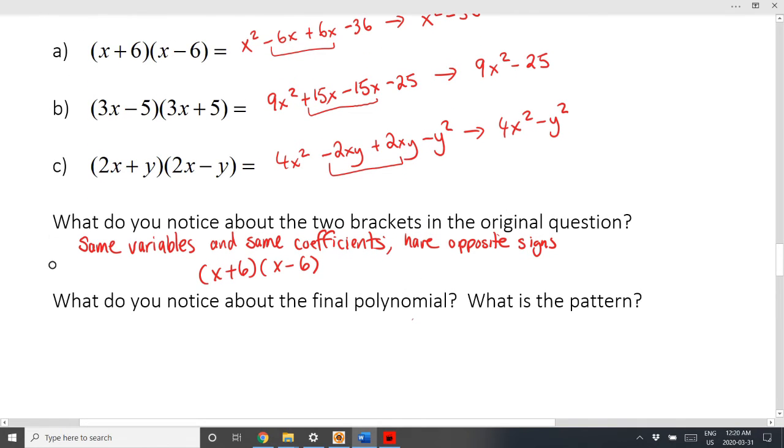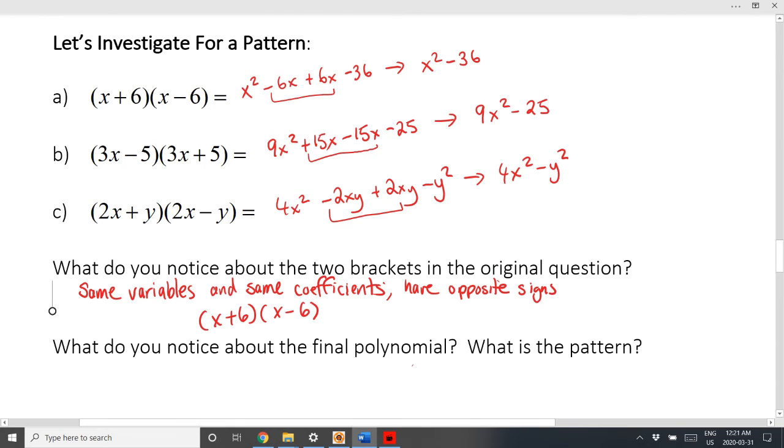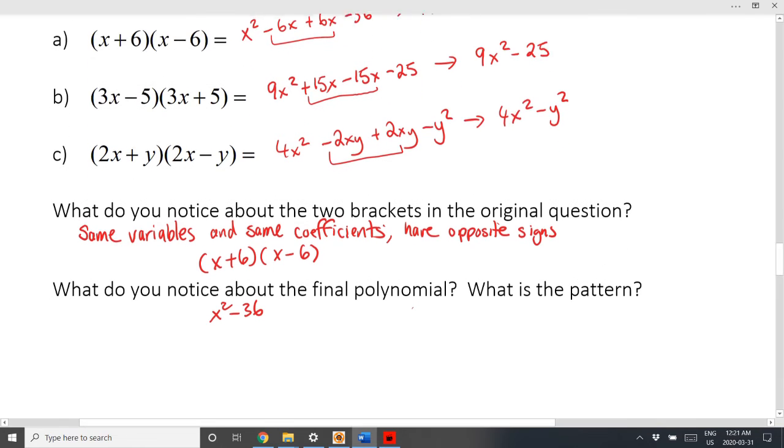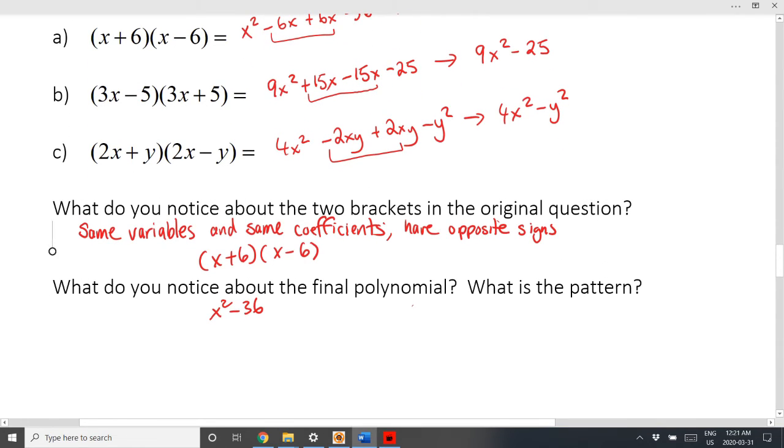And what do you notice about the final polynomial? What is the pattern? So looking at the final polynomial, I'll write the one for this example over here: x squared minus 36. They are binomials, which means only two terms. There's a negative in between.